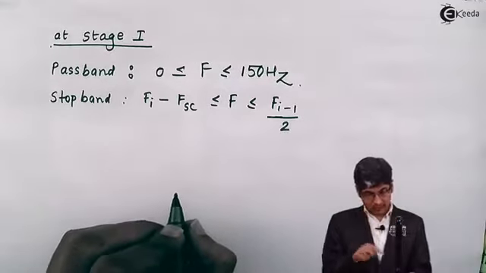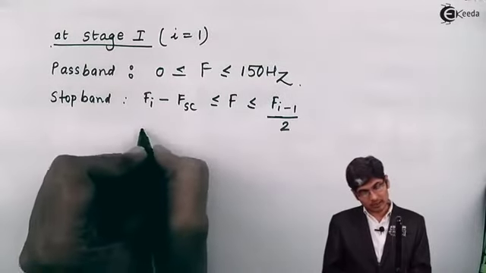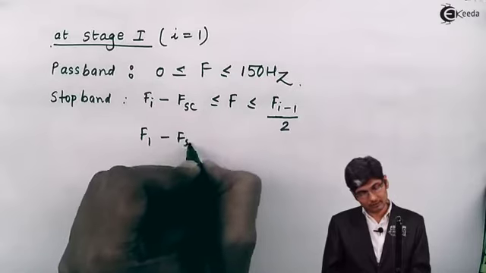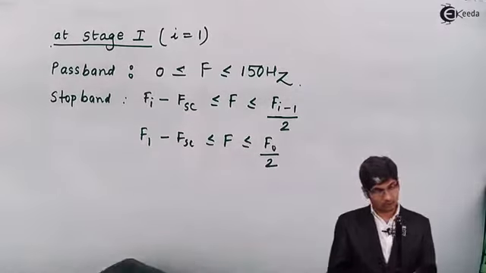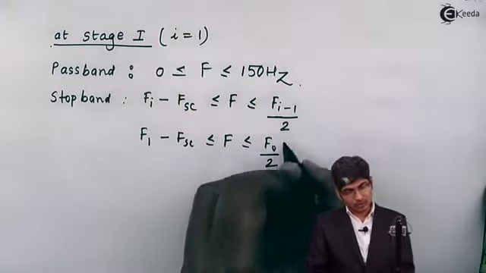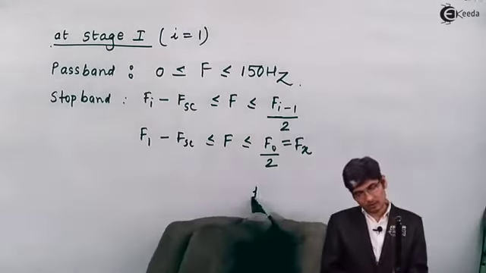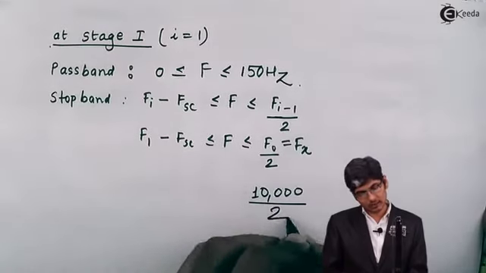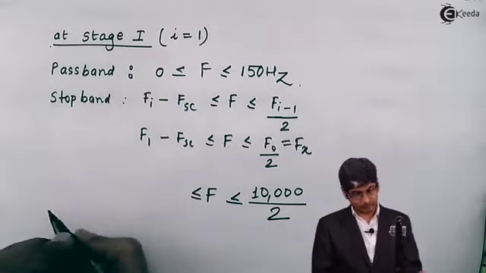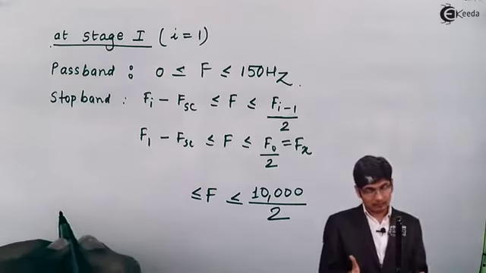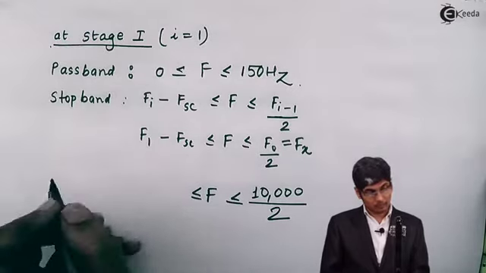Now for i equal to 1, at stage 1, this becomes F1 minus Fsc less than or equal to F less than or equal to F0 by 2. What is F0? F0 is nothing but Fx, that is the input. So F0 or Fx is 10,000, divided by 2, is the upper limit. Now what is F1? F1, the sampling frequency at stage 1, will be 1000.